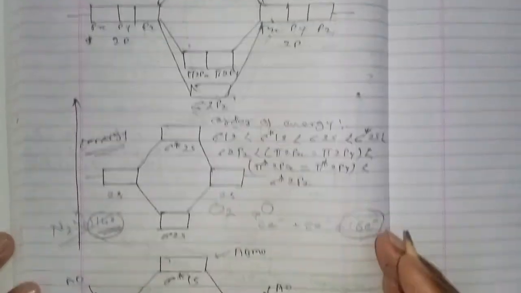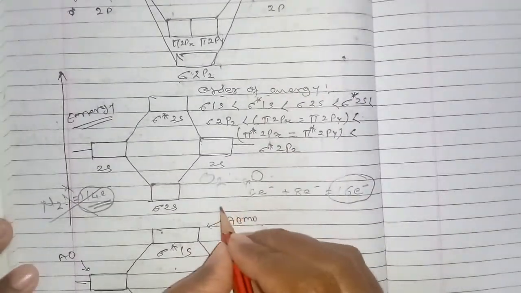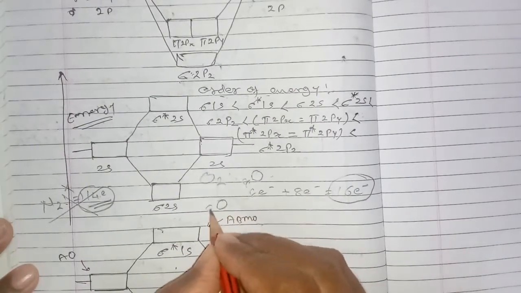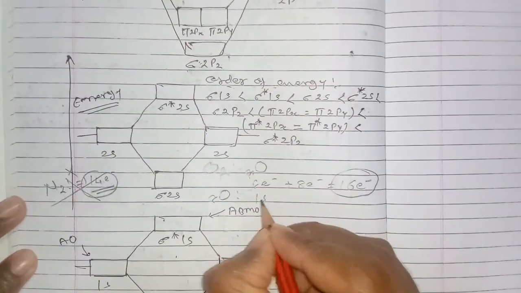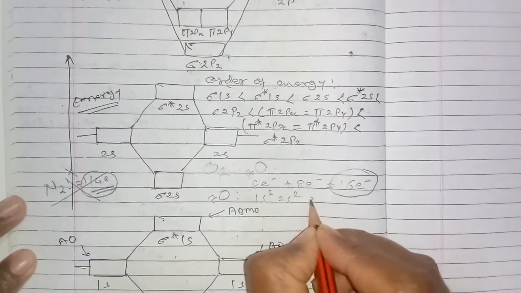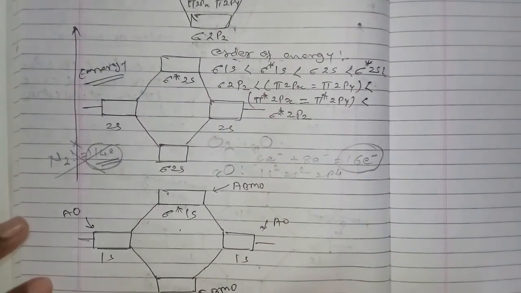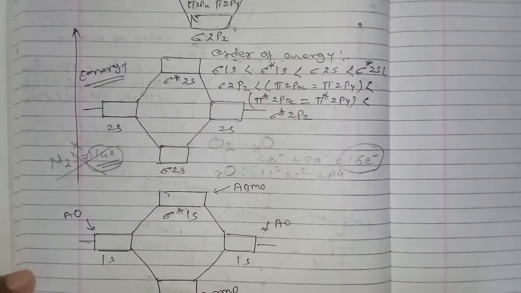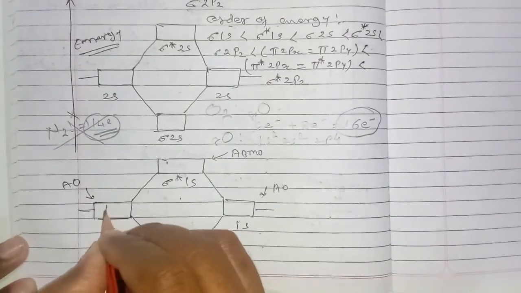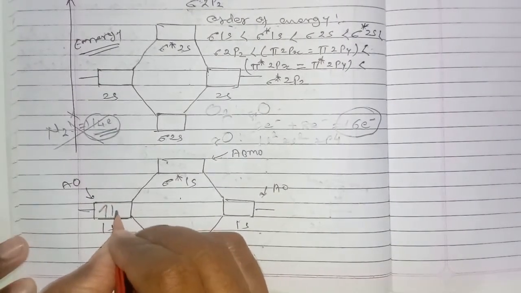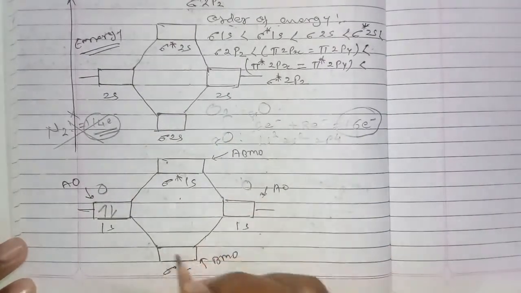Now for the oxygen molecule, the electronic configuration is 1s2, 2s2 and 2p4. So in the 1s orbital there are 2 electrons for the oxygen atom, and 2 electrons for the other oxygen atom.